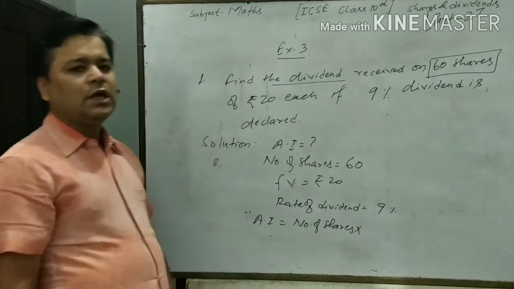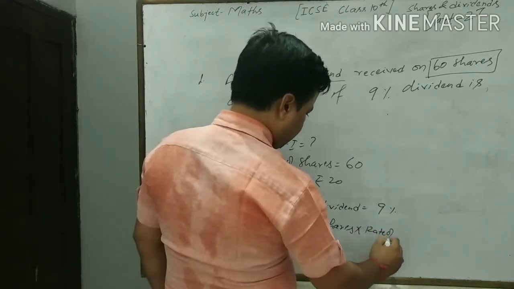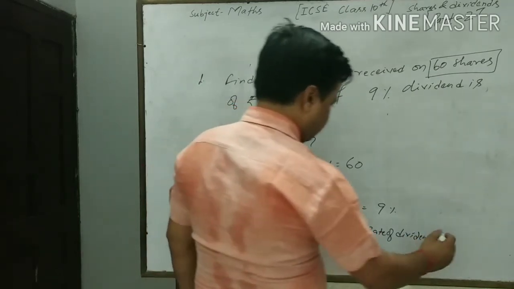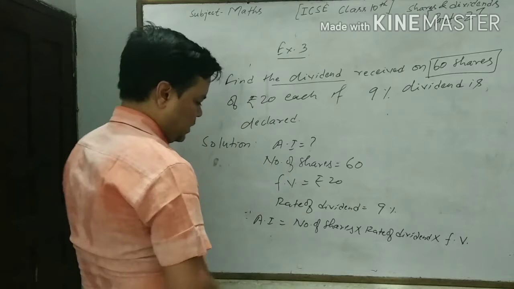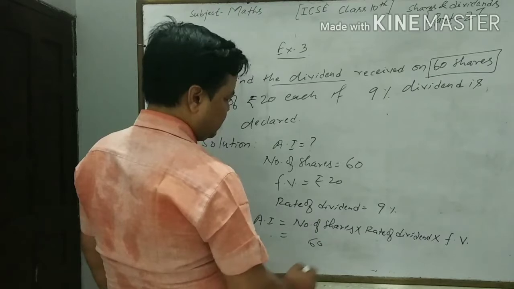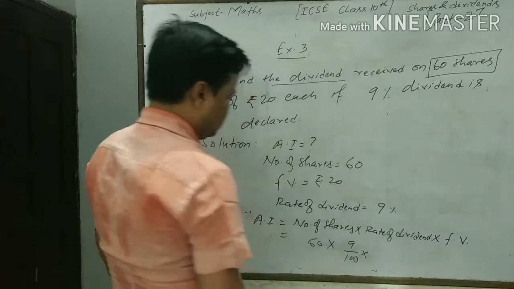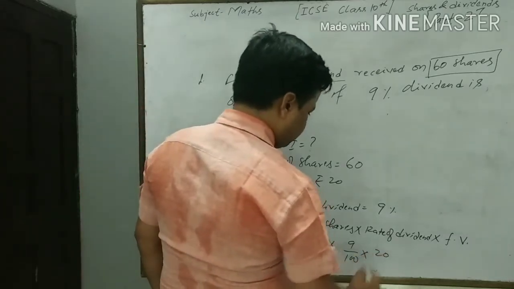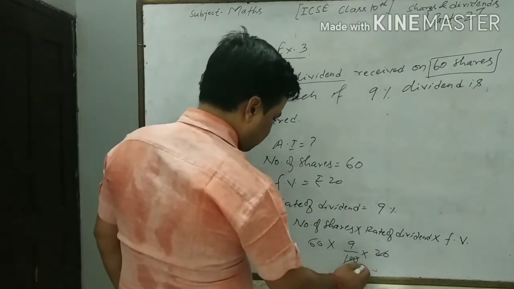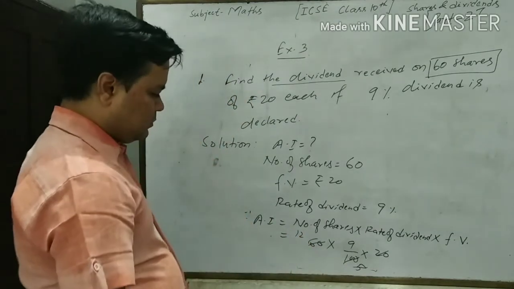So we know that simple formula, annual income is equal to number of shares into rate of dividend into face value. Number of shares is 60, that is 60 into rate of dividend 9 by 100 into face value 20. 5 twenties are 100 and 5 twelves are 60.